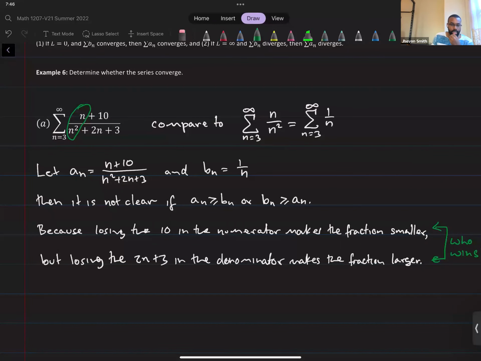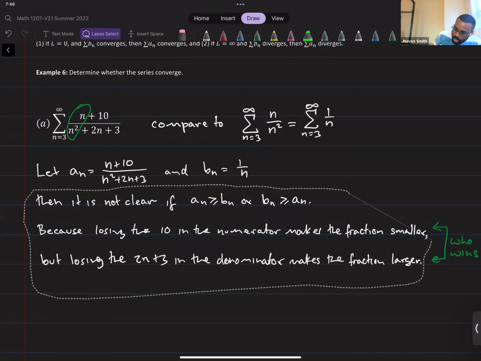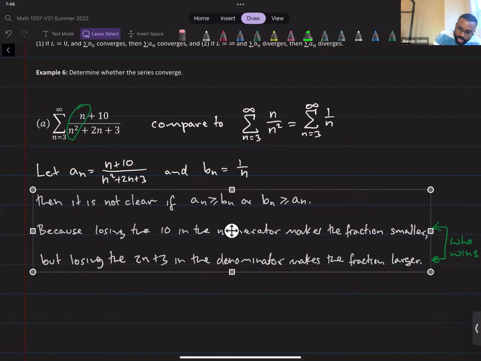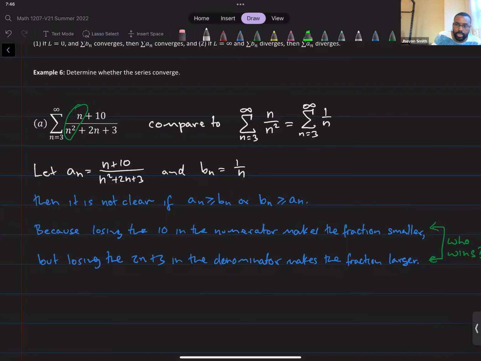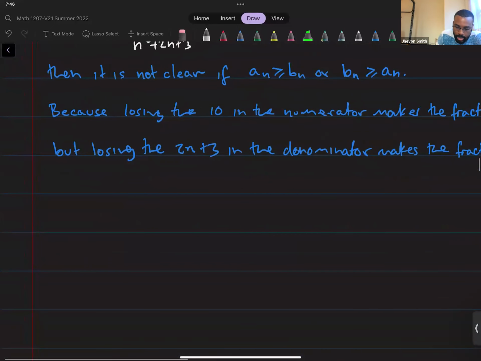But that is not going to be clear, or you'd have to do some extra work, which to me in practice is just not worth the time investment. So I would say not do that, not even worry about who's bigger than the other one, just jump straight into the limit comparison test.